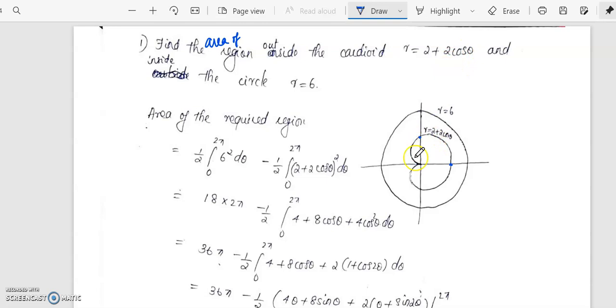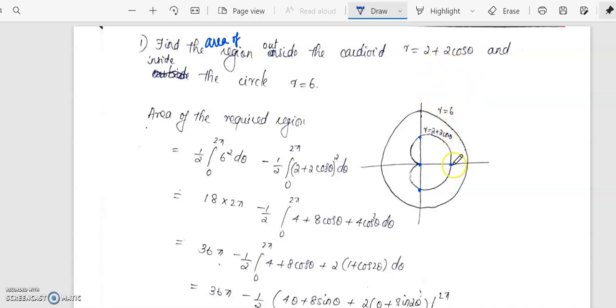And when theta is equal to pi, it will reach 0. And again at 3 pi by 2 it becomes 2 again. So at 2 pi it will be again equal to 4. So the curve is traced exactly once in the interval 0 to 2 pi. So that is the cardioid r equal to 2 plus 2 cos theta.